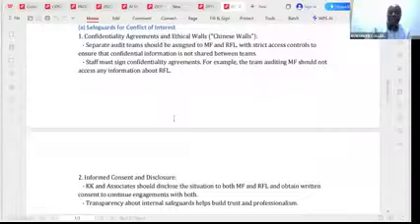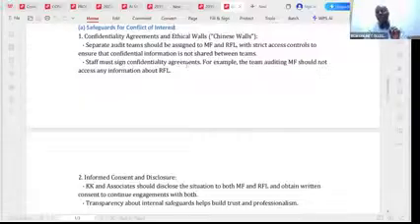So safeguards for conflict of interest. Number 1, confidentiality agreements and ethical walls, what we call the Chinese walls. Separate audit teams should be assigned to MF and RFL with strict access controls to ensure that confidential information is not shared between the teams. Staff must sign confidentiality agreements.